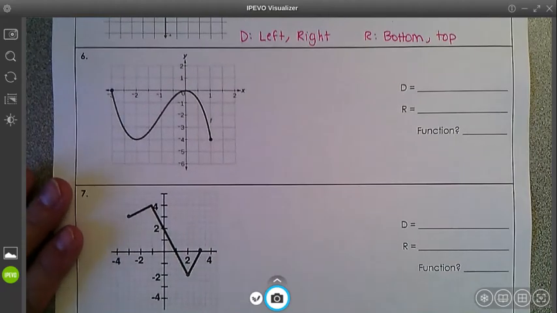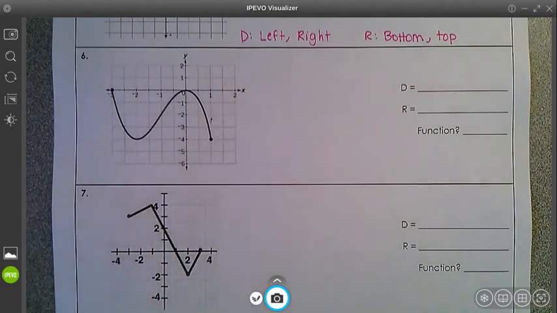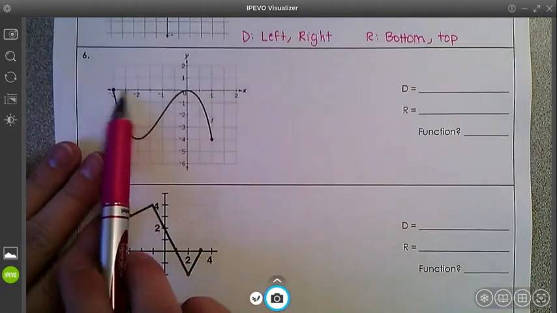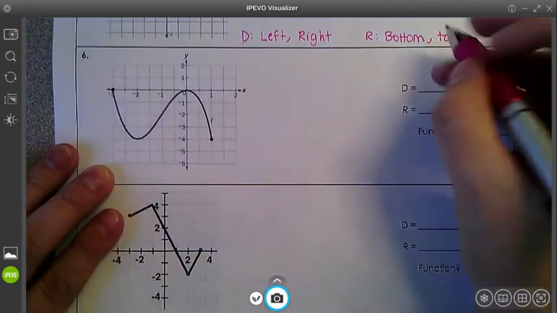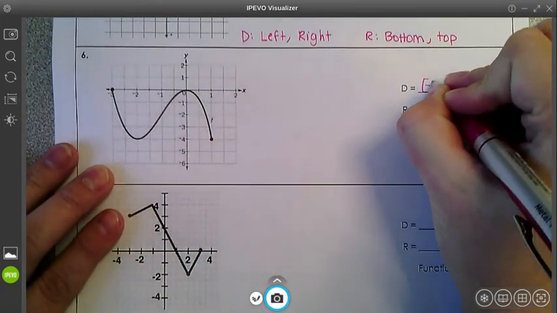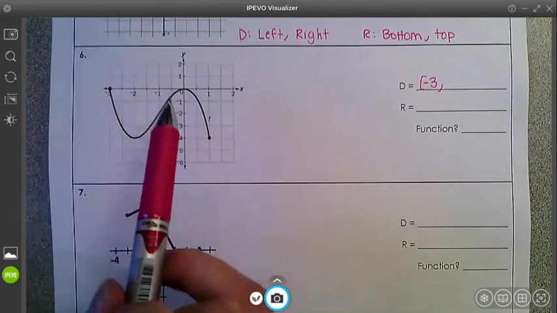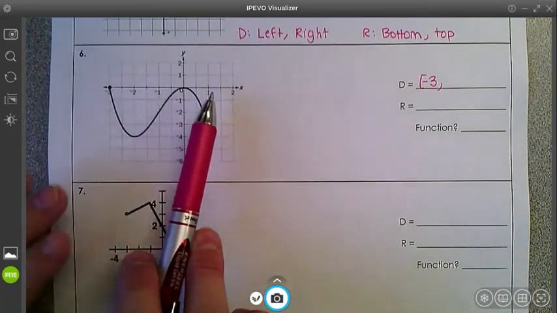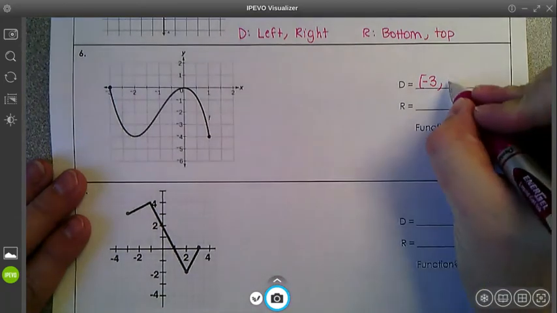Number 6, so domain, the farthest left it goes is -3, and the farthest right it goes is 1.